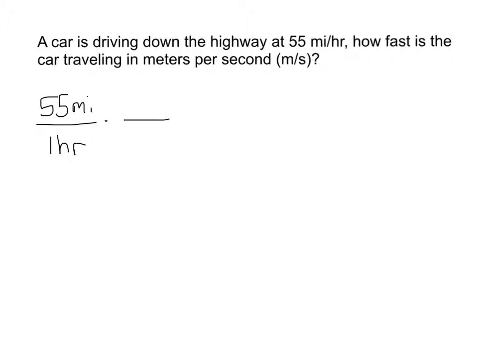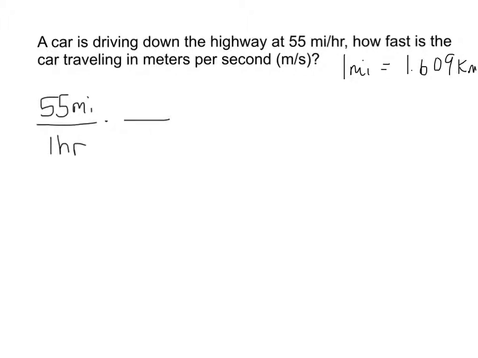So if you look at this, I need to convert, and it doesn't matter which one you do first. Let's convert miles into meters. All right? And once again, let's just say that I do know a conversion, and let's say that somewhere I learned that 1 mile is 1.609 kilometers.